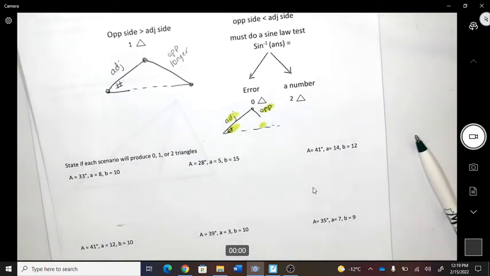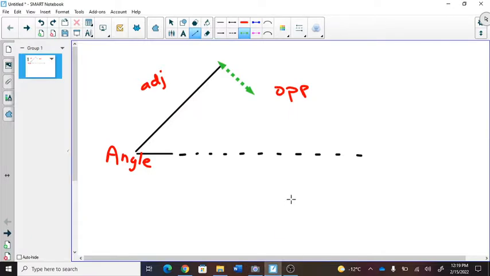Okay, and the last situation, so I'm going to go back to this drawing. If the opposite side is maybe just a little bit shorter, like here. If I'm this length, but my opposite is about that length, where can I make a triangle? What do you think? Did you see some spots? It could make this triangle, or if I continue, it could have also made an option over there.